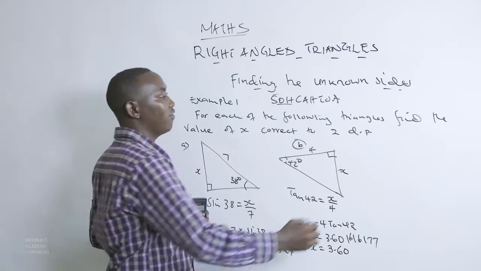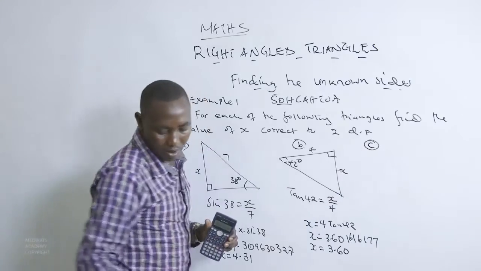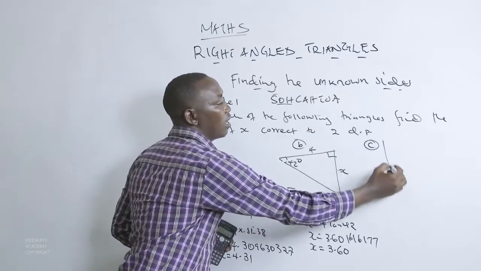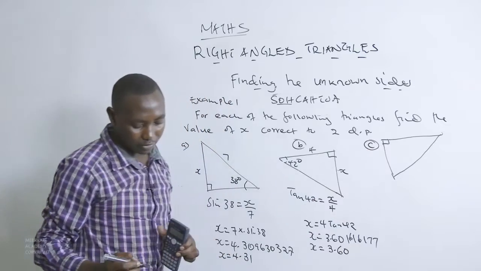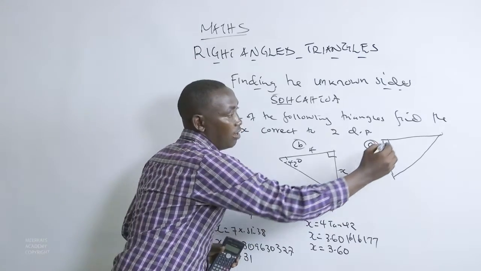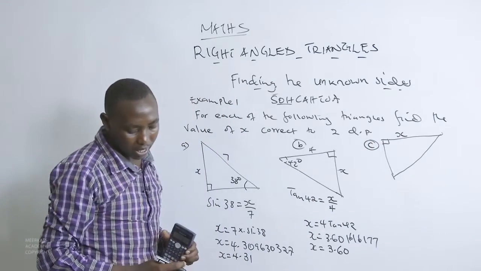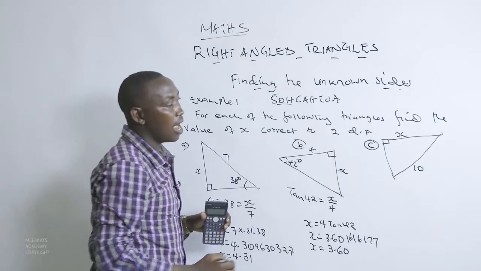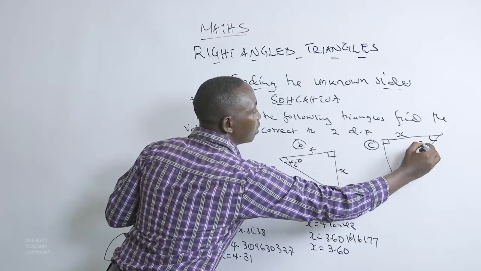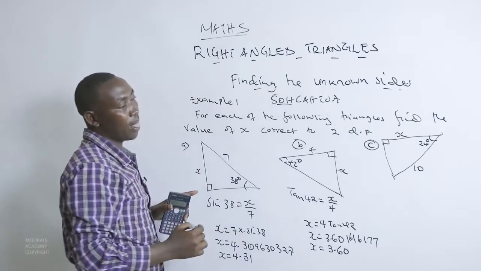Finally, number C, we have a right angle triangle of that form where you have been given this side to be x, the longest side to be 10 units, and this angle to be 24 degrees.